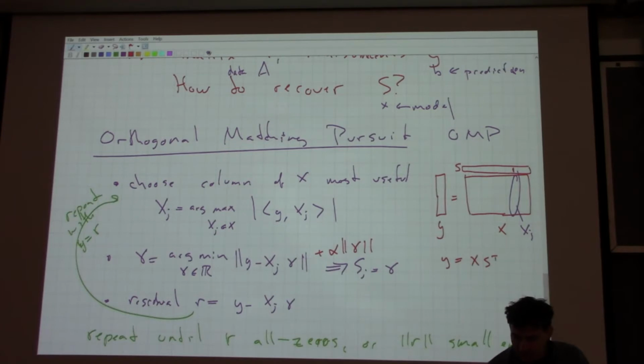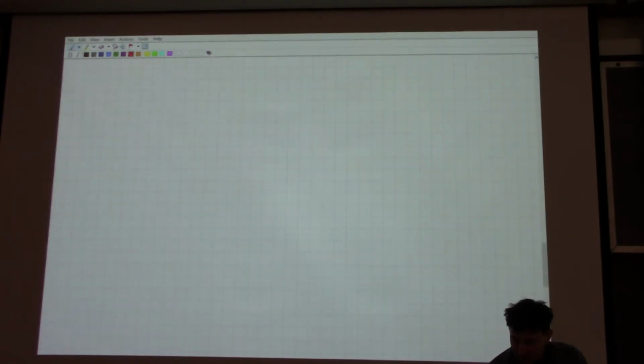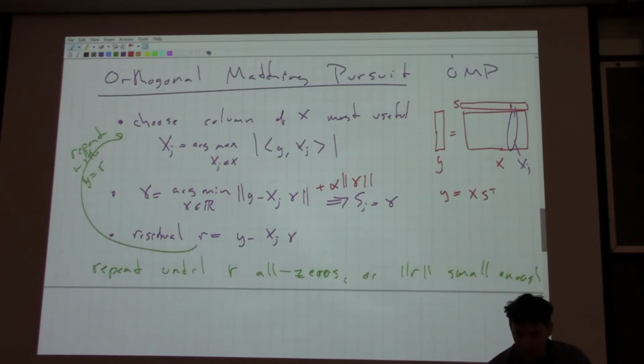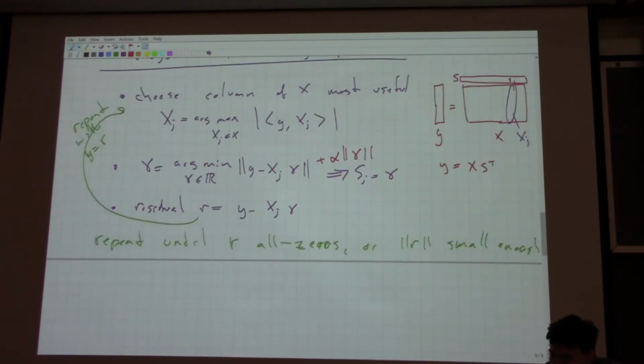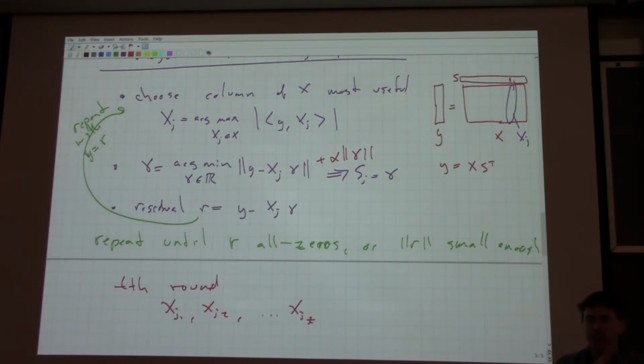Something else you can do is that on the second round through here, or beyond, instead of saying you can find some, you can try, and so in the, let's call this the t-th round, what you're going to have are these columns xj1, xj2, up to xjt, which you've found so far.